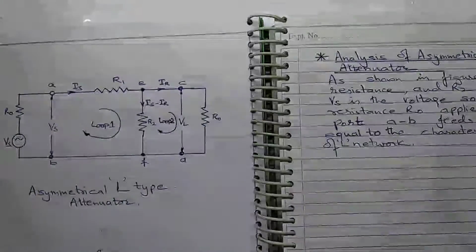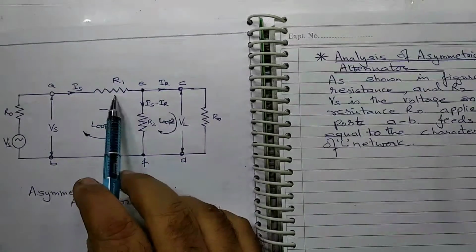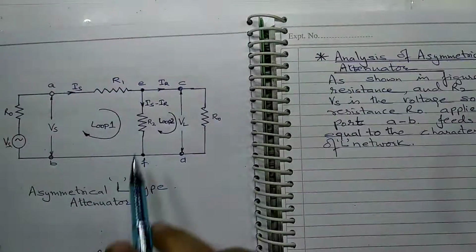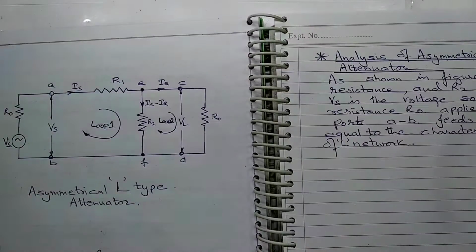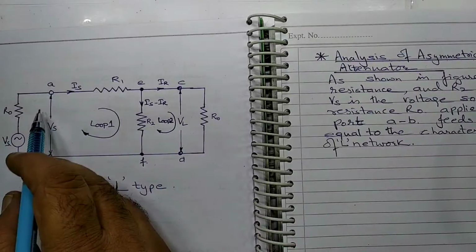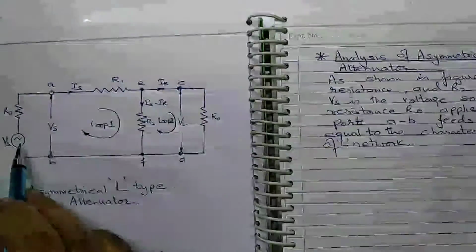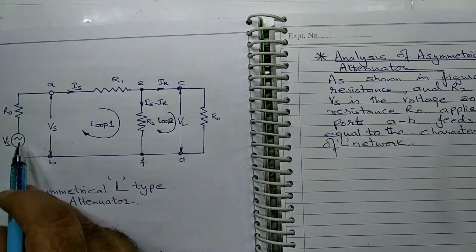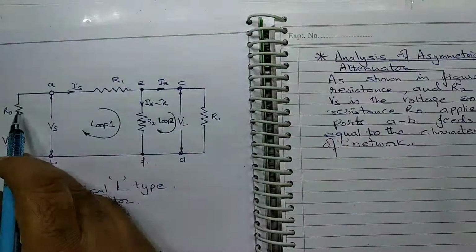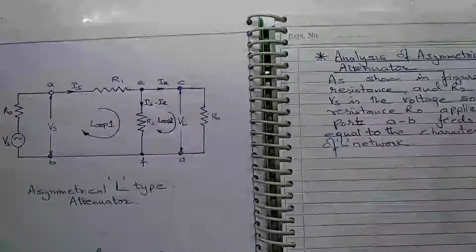resistance R1 is the series resistance. Resistance R2 is the shunt resistor. At the input port, Vs is the voltage source with internal resistance Ro.